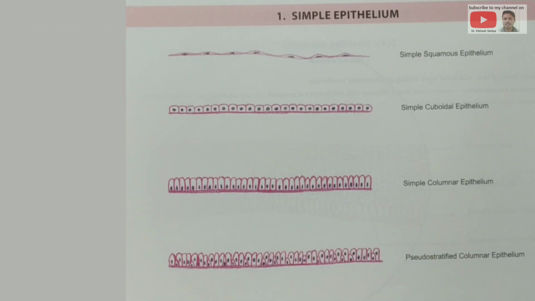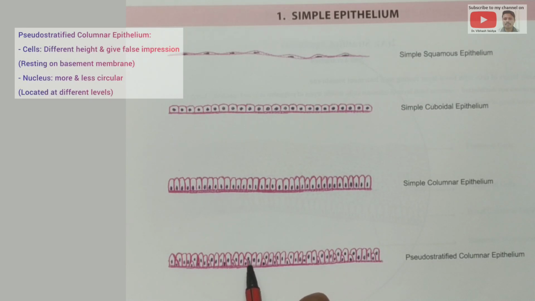Then another special type of epithelium is pseudostratified columnar epithelium. Guys, you can see here this epithelium looks like multiple layers, but it is not exactly multiple. It is a single layer resting on the basement membrane. That's why this type of epithelium is called pseudostratified columnar epithelium.